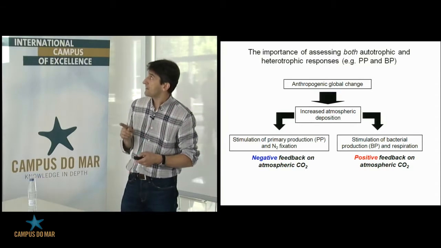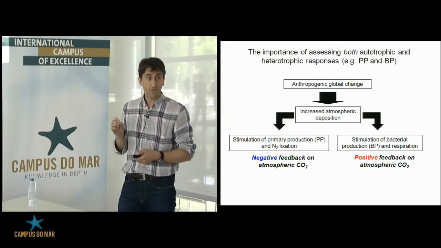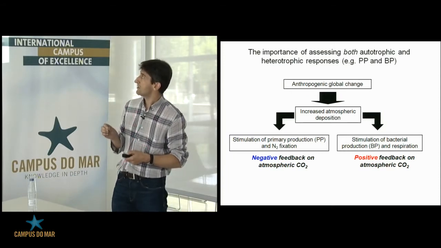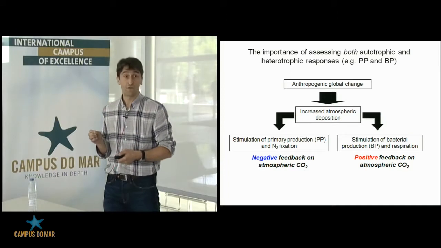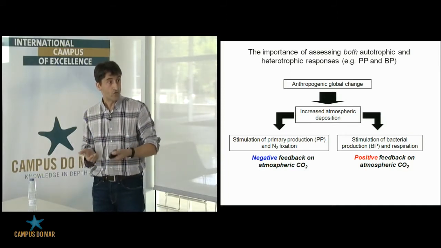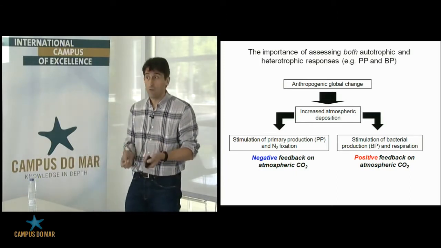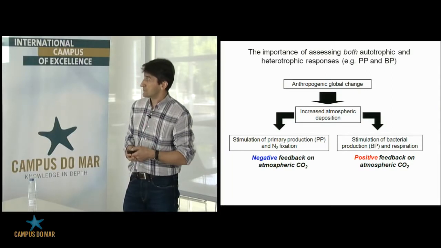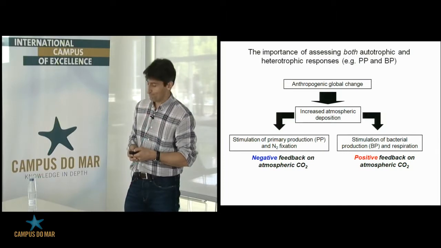On the other hand, if the stronger response is observed in the bacterial production and bacterial respiration, then we have a positive feedback on atmospheric CO2, because if the stronger response of the organisms is that they respire more, then they will be sending back CO2 to the atmosphere. So that's why I think it is important to consider both autotrophic and heterotrophic processes together.